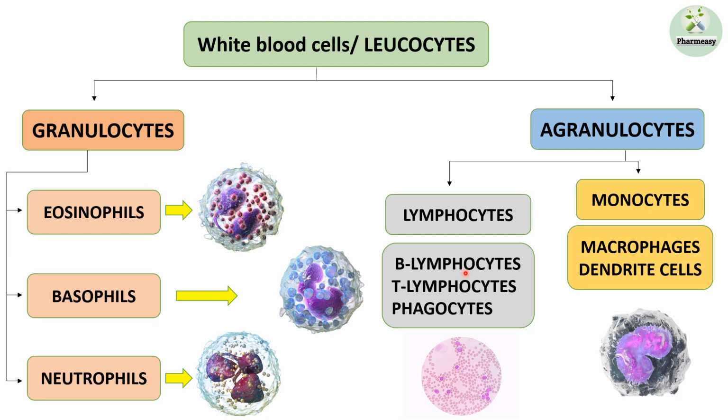And agranulocyte is divided into two categories, that is lymphocyte and the monocytes. Lymphocytes may be B lymphocytes, T lymphocytes, phagocytes. And the monocytes are macrophages and the dendritic cells.